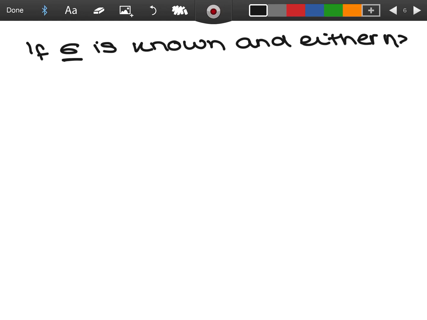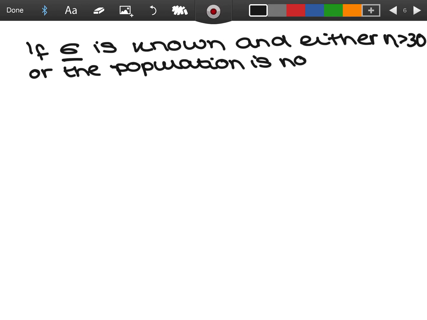But if you are given the population standard deviation and either your sample sizes are greater than 30 or the population that you start out with is normally distributed. So you can have one or the other. As long as one of those things is true, then you can go ahead and use this, okay? So you need the population standard deviation to be known.